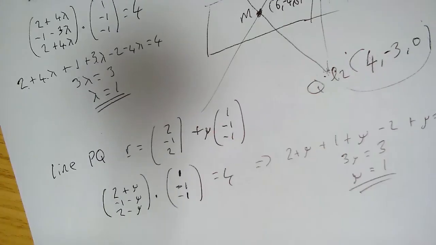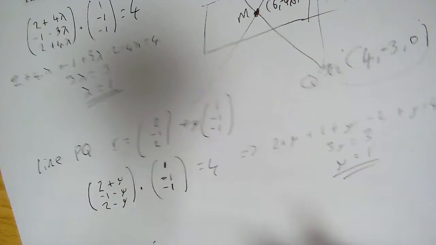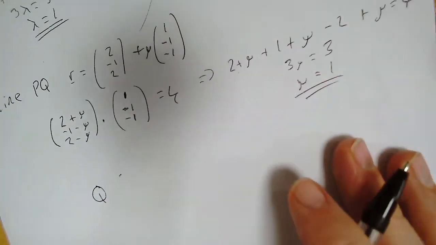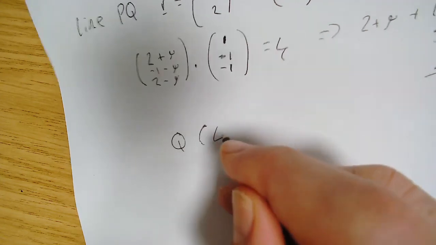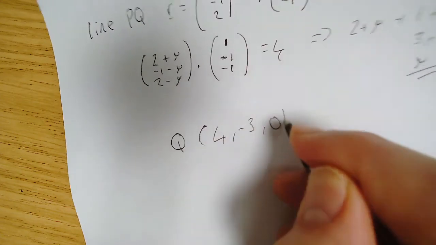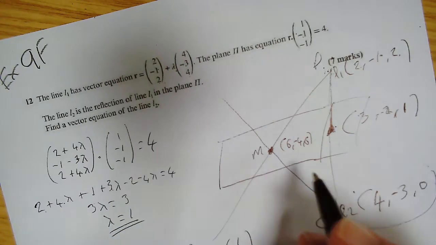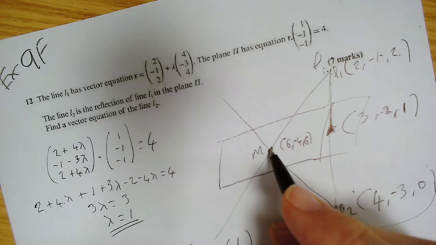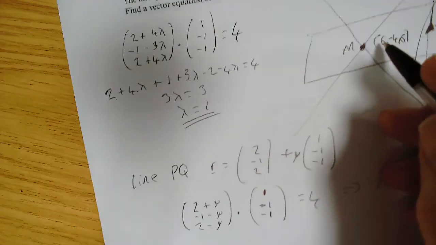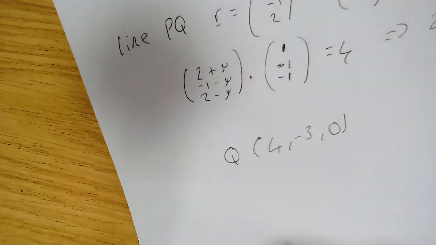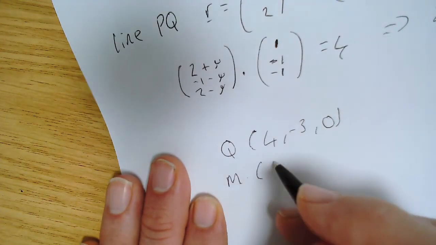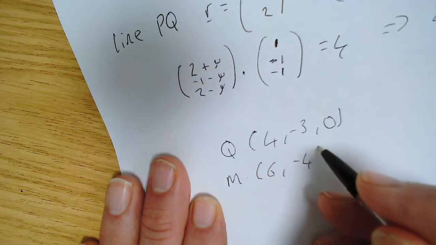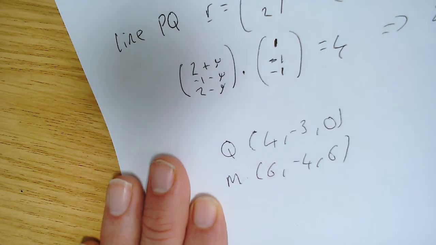So it goes through Q, which is 4, negative 3, 0, and it goes through this midpoint of M, the meeting point of the line. So I know my meeting point, M, is going to be 6, negative 4, 6.